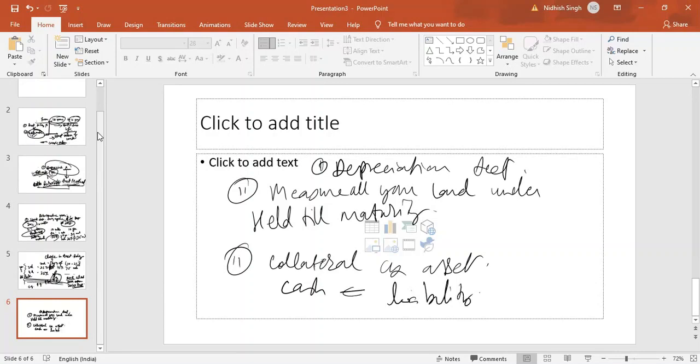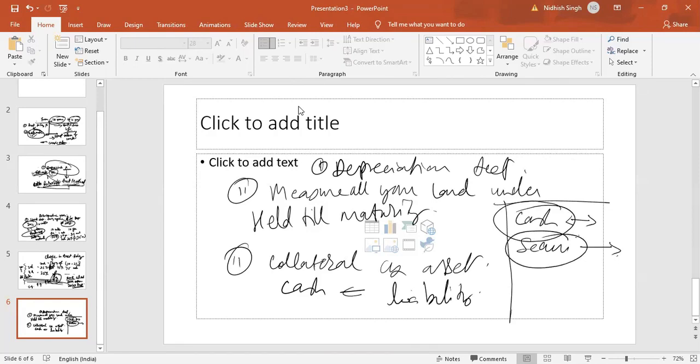Now I'm talking about this because sometimes you want certain cash. You borrowed cash and gave some securities as collateral to someone else. So generally we reflect the cash as an asset and the security is not reflected in the balance sheet.